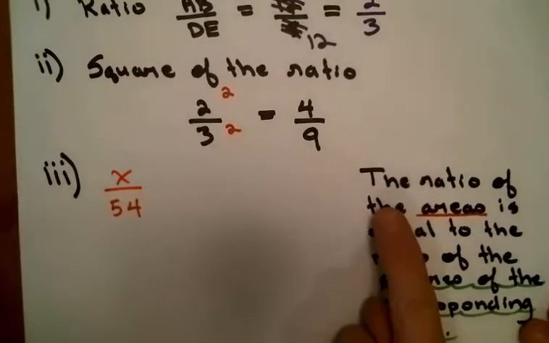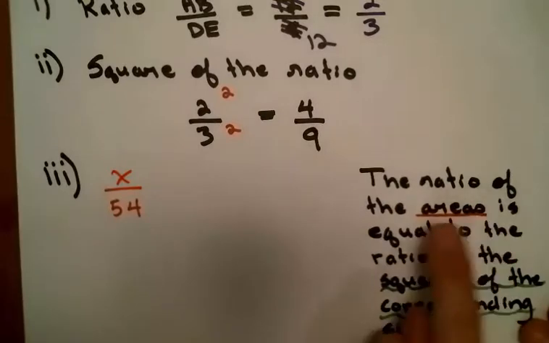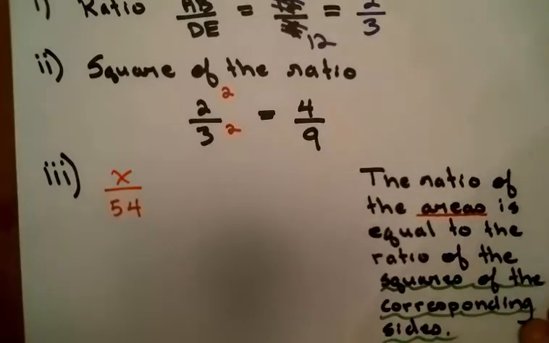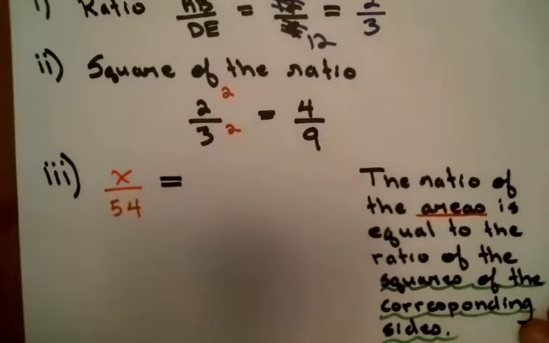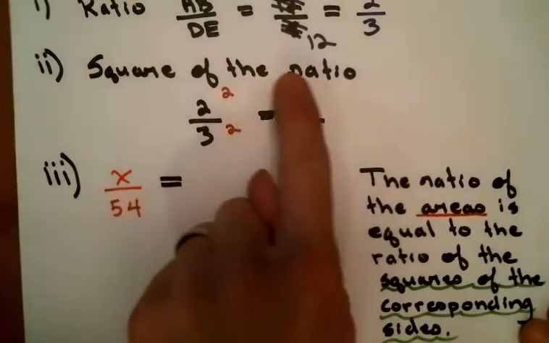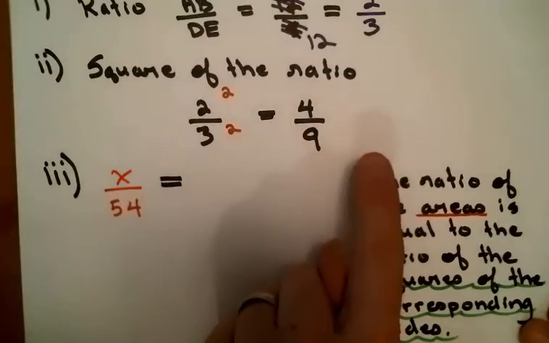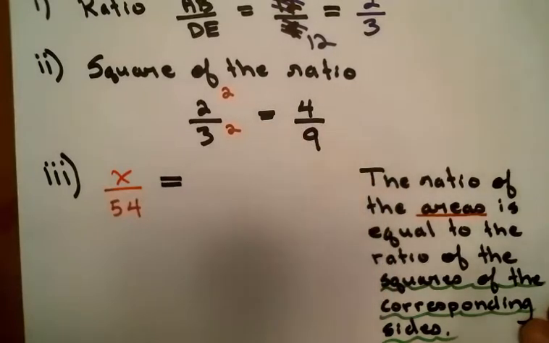The ratio of the areas is equal to the ratio of the squares of the corresponding sides. In step 2 we took the square of the ratio and we realized it was 4/9.